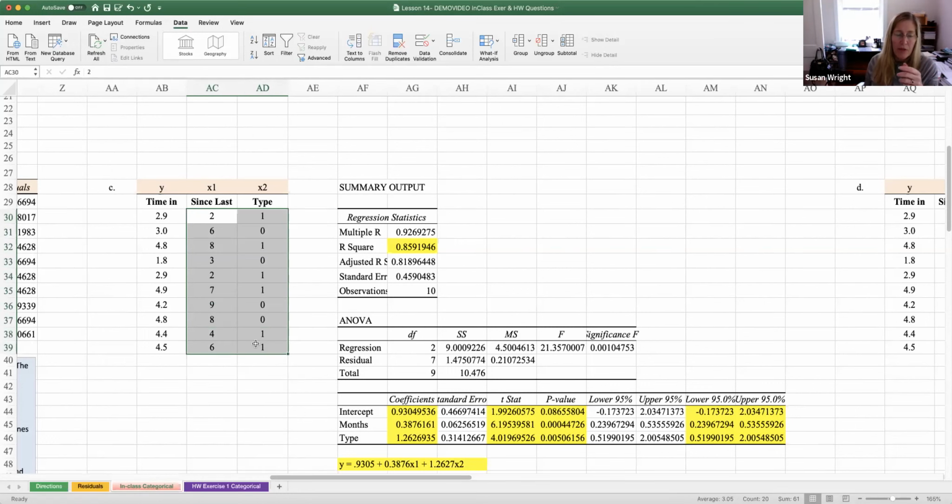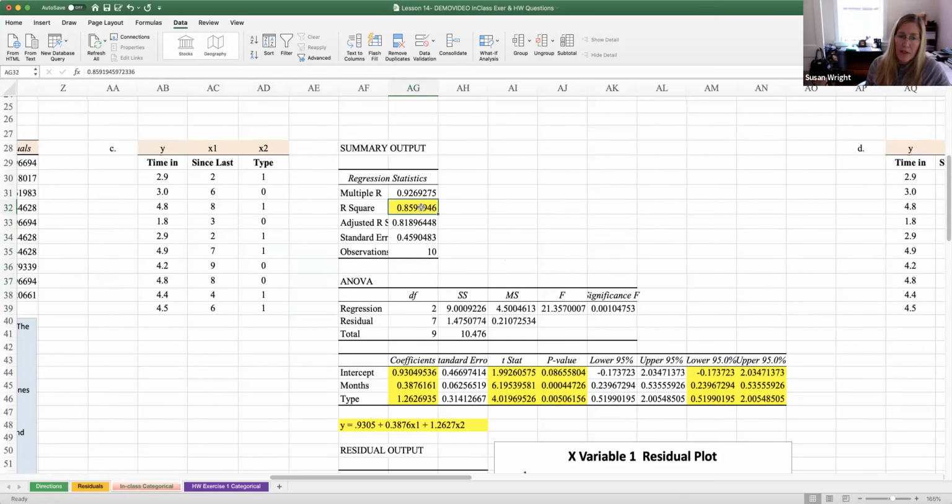And again, you'll see me do that in the homework video. So you're going to highlight both of those for the x variables. So you have 2. And your regression output, look how much it improved just by adding the type of repair that we did. So now we're explaining about 86% of the regression.